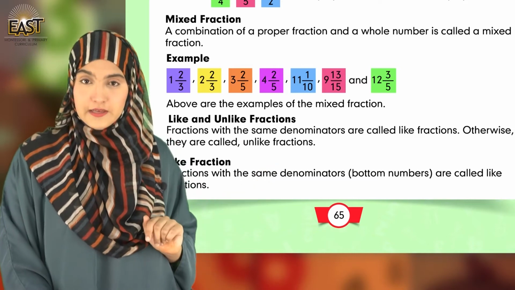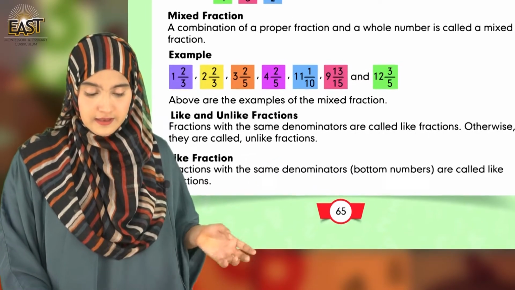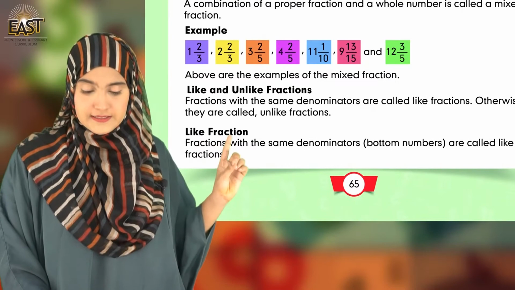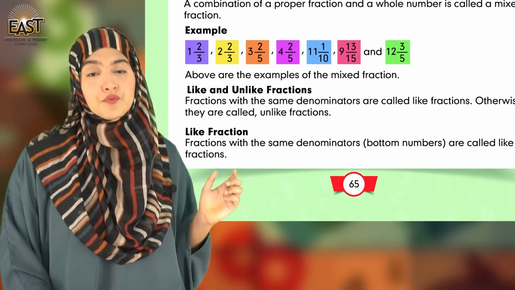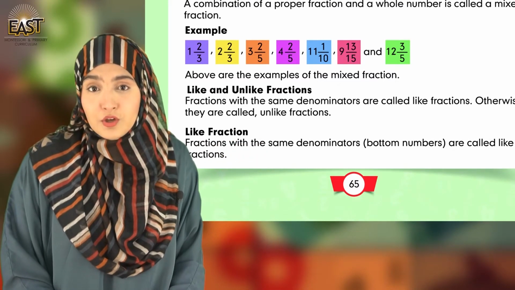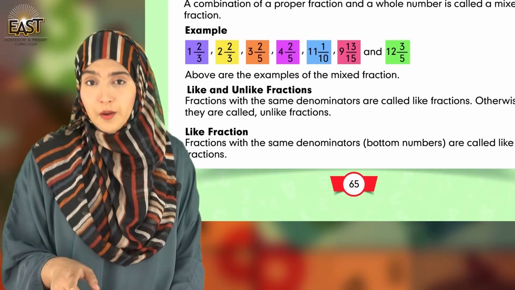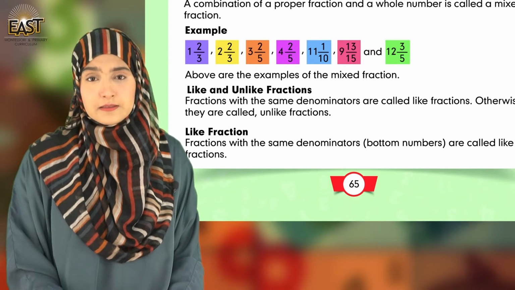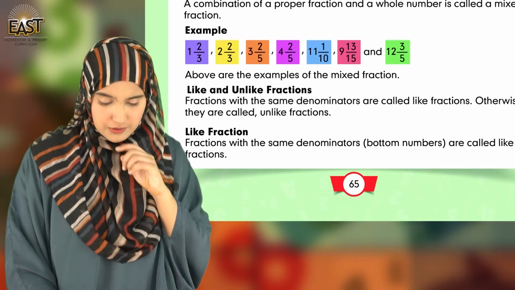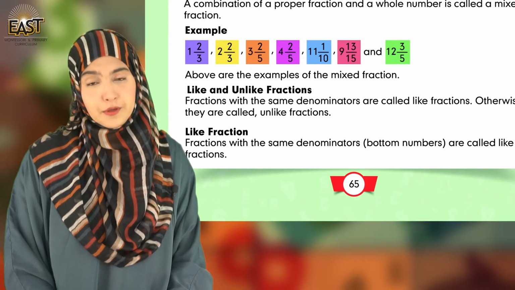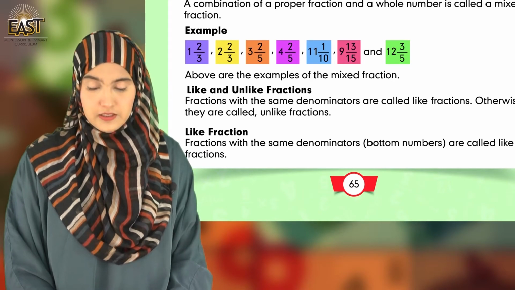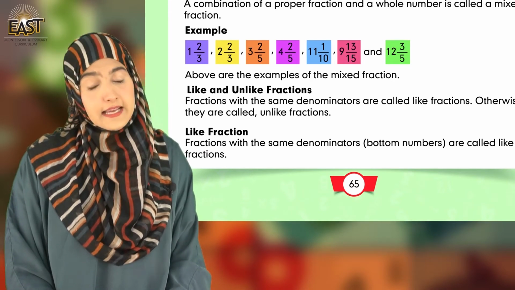Now let's read it once again. Fractions with the same denominator, those fractions which have the same denominator, are like fractions. And those which do not have the same denominator are called unlike fractions.